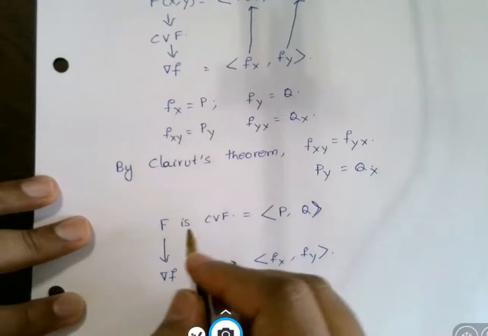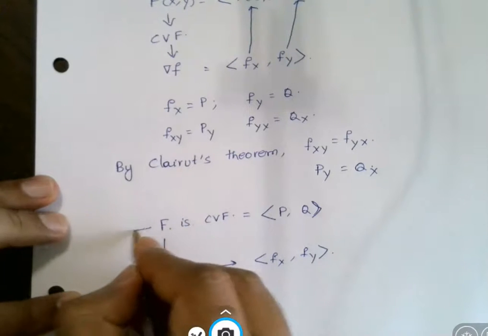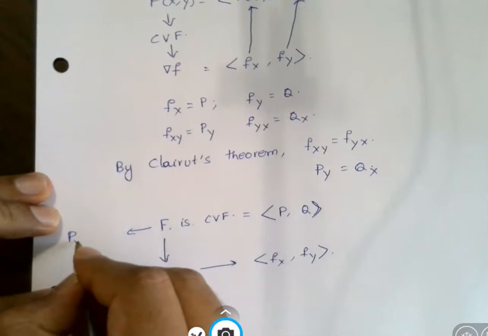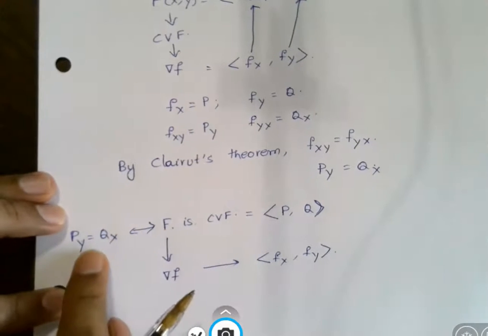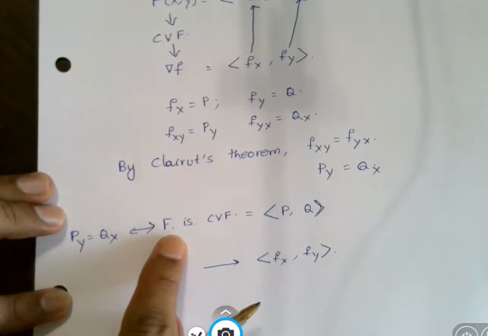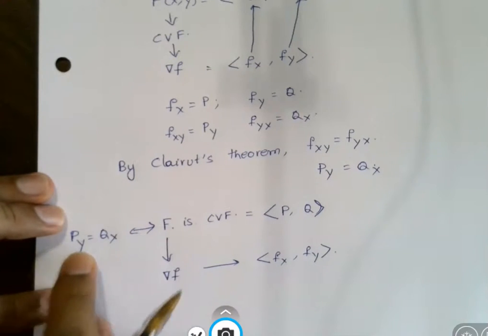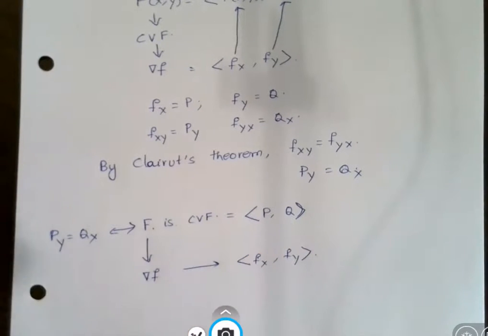In addition, there is another thing that happens: P_y equals Q_x. This works both ways. If P_y equals Q_x, F is a conservative vector field. If F is a conservative vector field, then P_y equals Q_x. I hope you understood it.